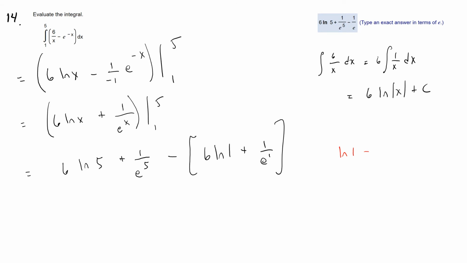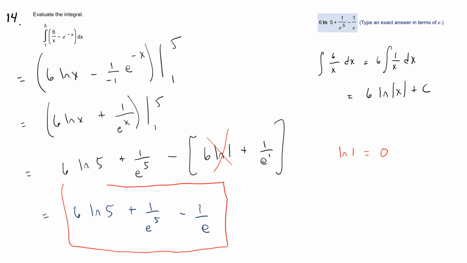Natural log of 1 is equal to 0, so this goes away. And so we have 6 natural log 5 plus 1 over e to the 5 minus 1 over e. And there's nothing more I can do to simplify that. So that's what you would type into MyMathLab.